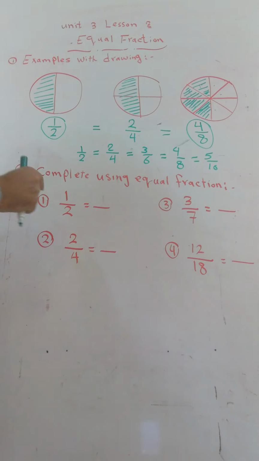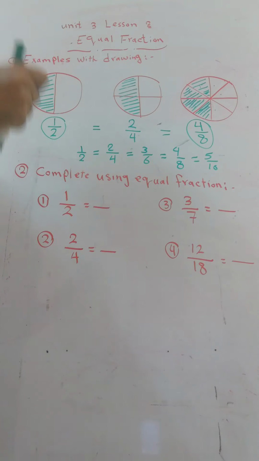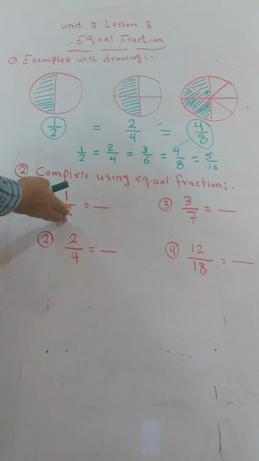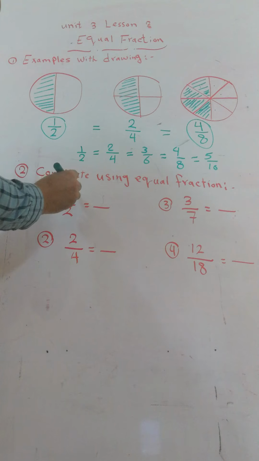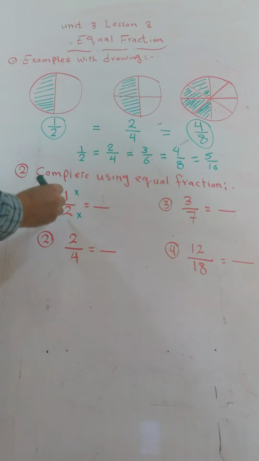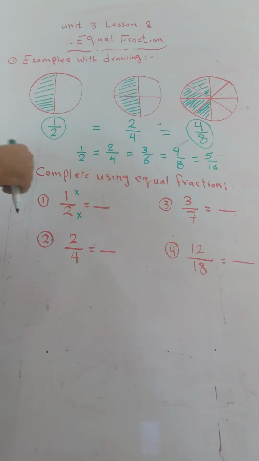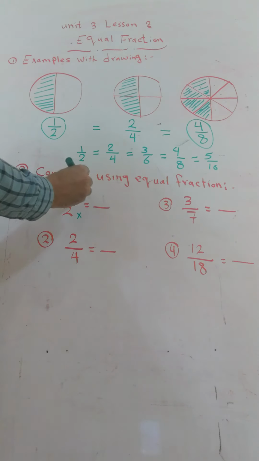At first, half. If I want to make an equal fraction to half, I must apply an important rule: I must multiply the numerator and denominator by the same number. I will use 2.